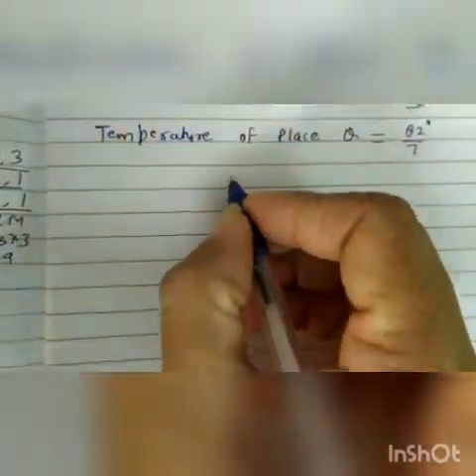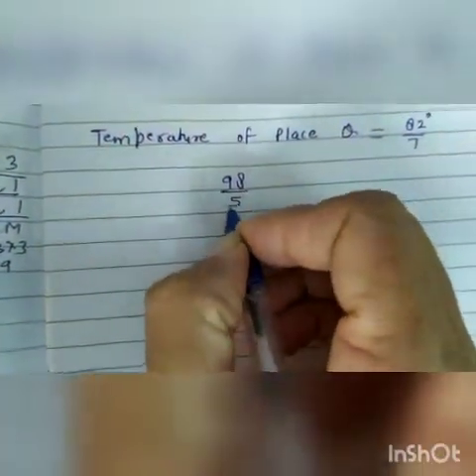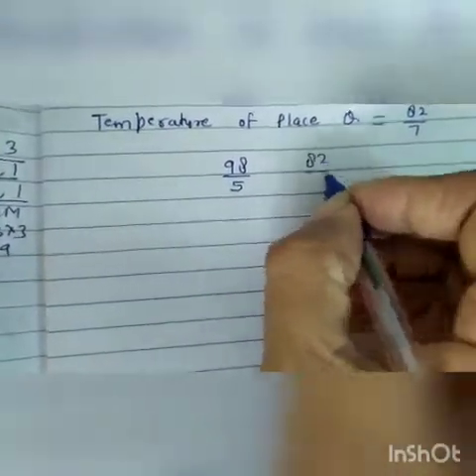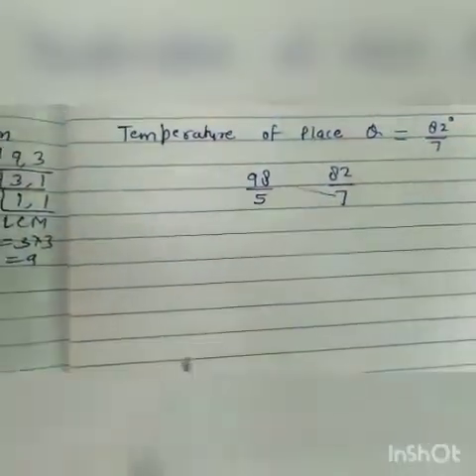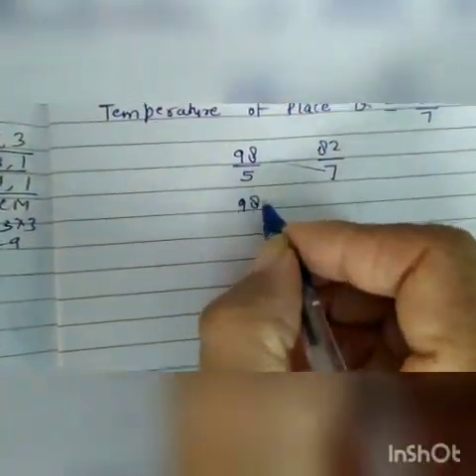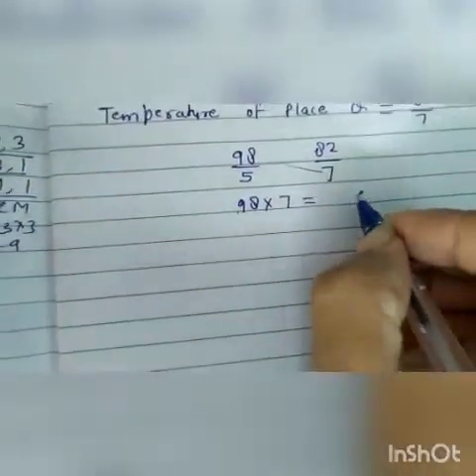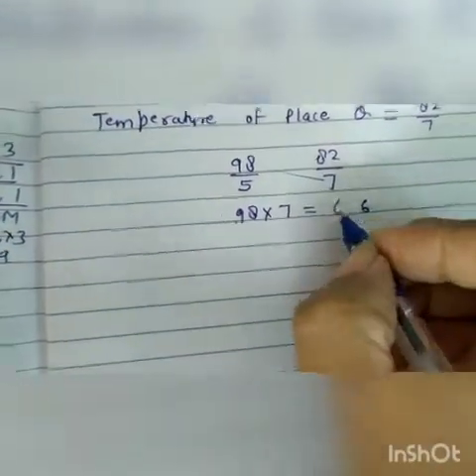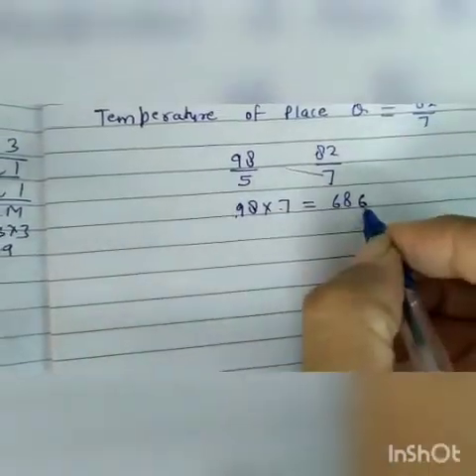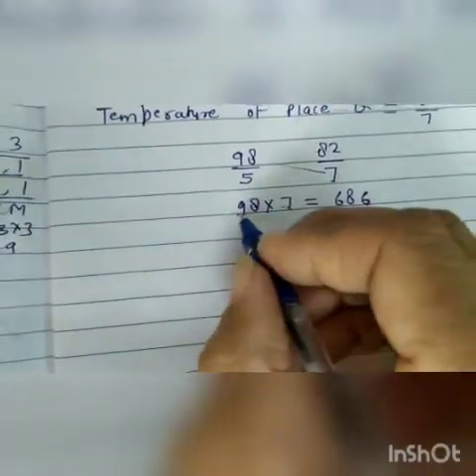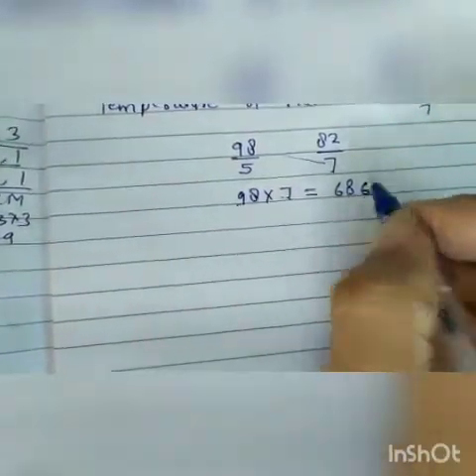First, it is 98/5 and it is 82/7. By cross multiplication, 98 into 7, it is 686. 7 8 are 56, carry 5, 7 9 are 63 and 5, 686.